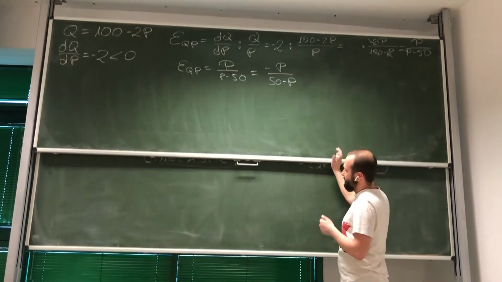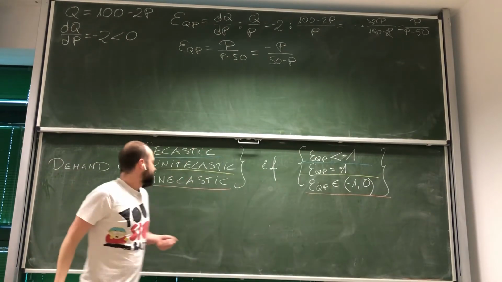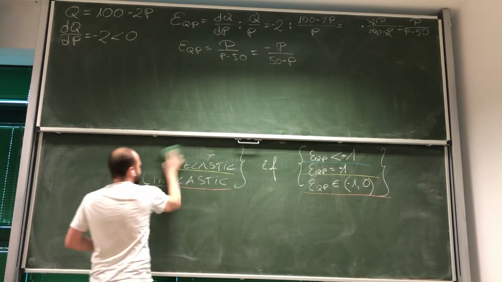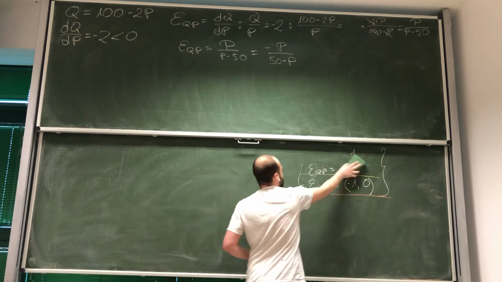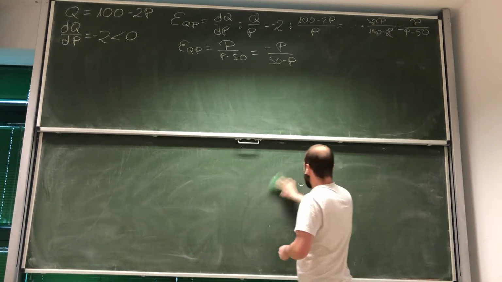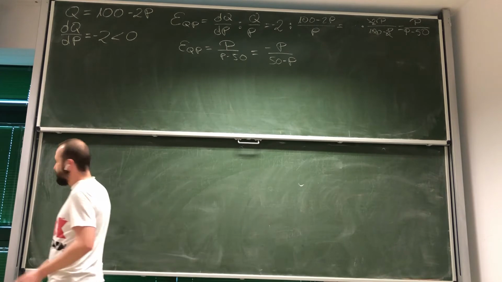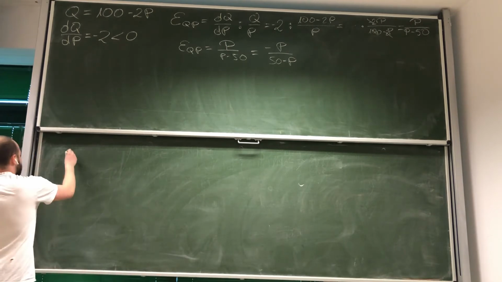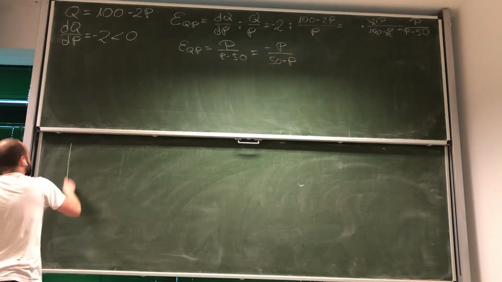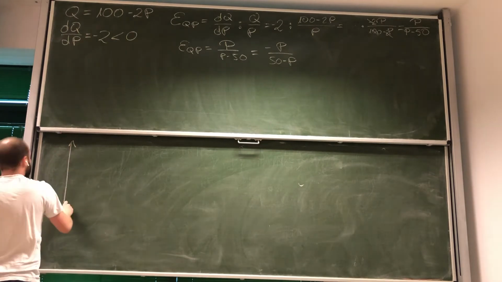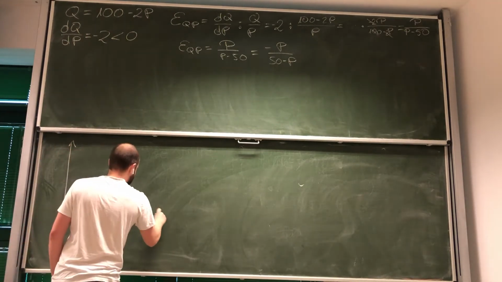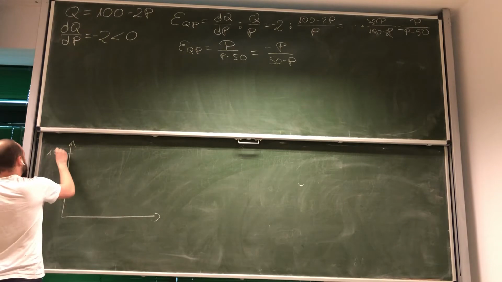Okay, so let's just draw this function. Drawing this function is not very problematic. This is a simple linear function. However, you might see some results today that you would not expect. Okay, so if price is 0, Q is equal to 100.